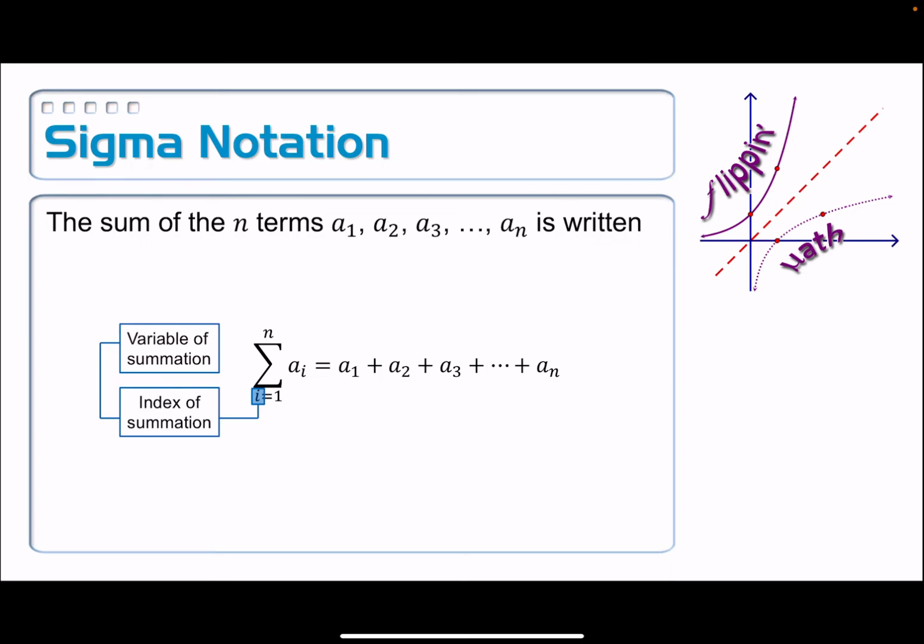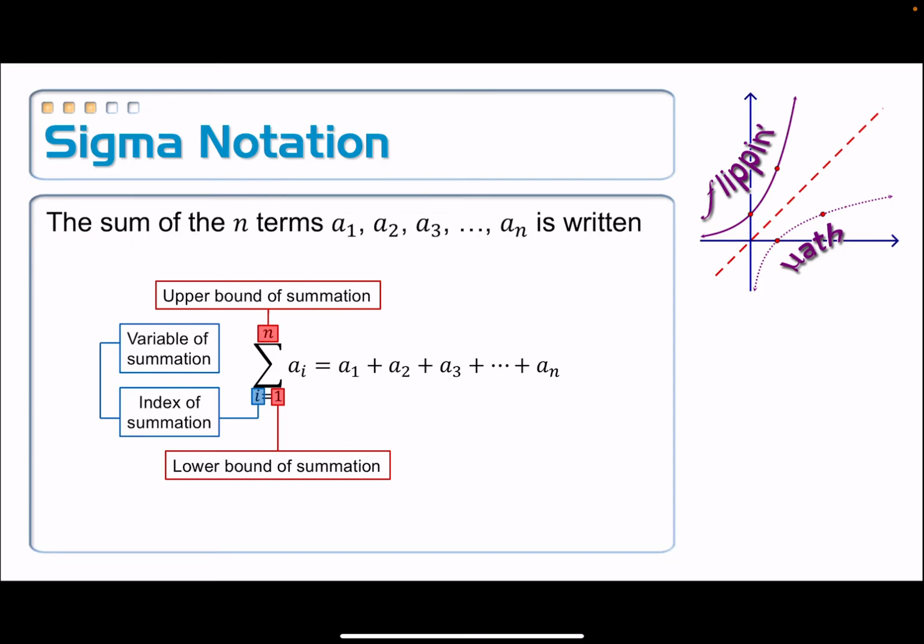And the 1 that is right here beside the i equals 1, that's the lower bound of the summation. It is telling you where to start counting. I'm going to start counting at 1, and then I'm going to increase by integers 1, 2, 3, until I get up to n right up here, which is the upper bound of that summation.